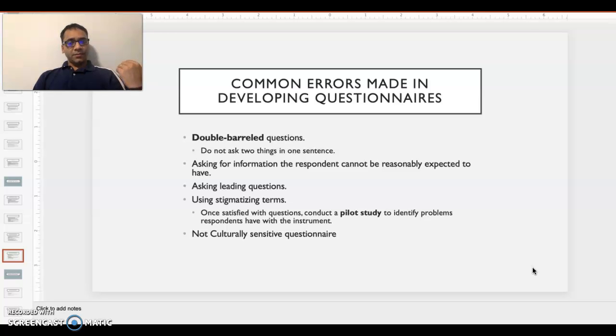We need to address the issues that may be faced by diverse ethnic communities who may not be represented in the questionnaire, and that may cause error in designing the questionnaire.